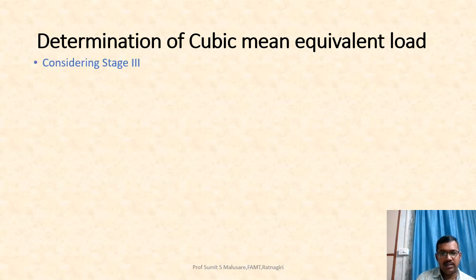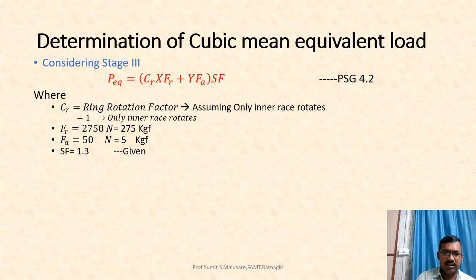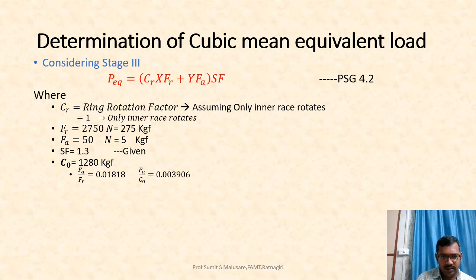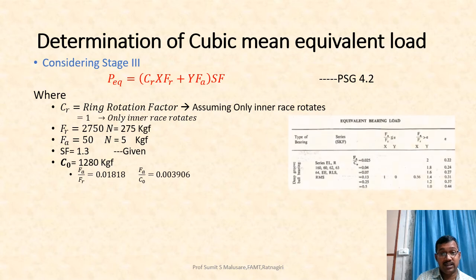Similarly, if you go for stage 3, again standard values are there. FR 2750, FA 50 newtons. So it comes out in terms of kgf as shown. Then FA by FR is 0.0118, and FA by C0 is 0.003906, which is lesser than the minimum value available in the table.